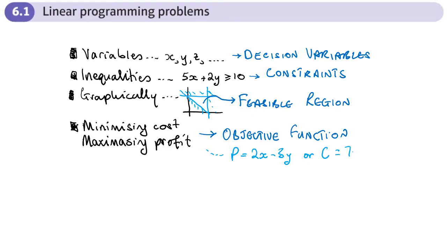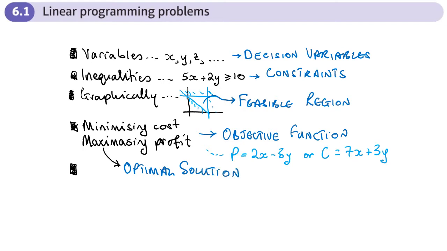So let's say 7x plus 3y, and we'll either want to maximize our profit or minimize our cost. And once we've minimized our cost or maximized our profit, that's what we call the optimal solution.